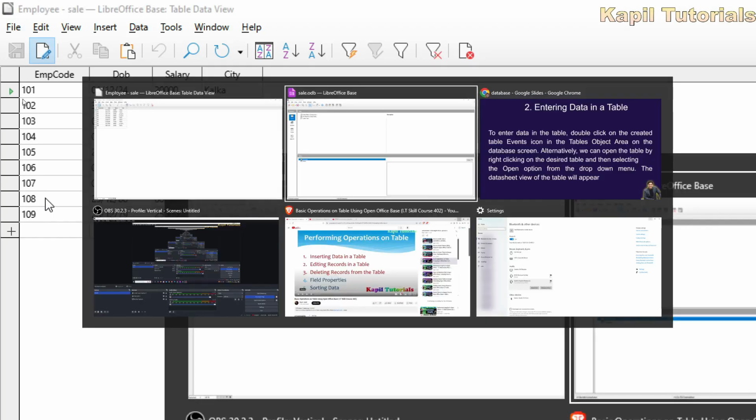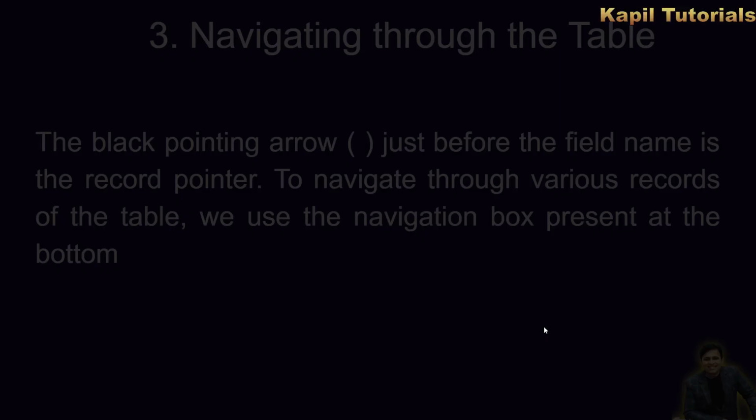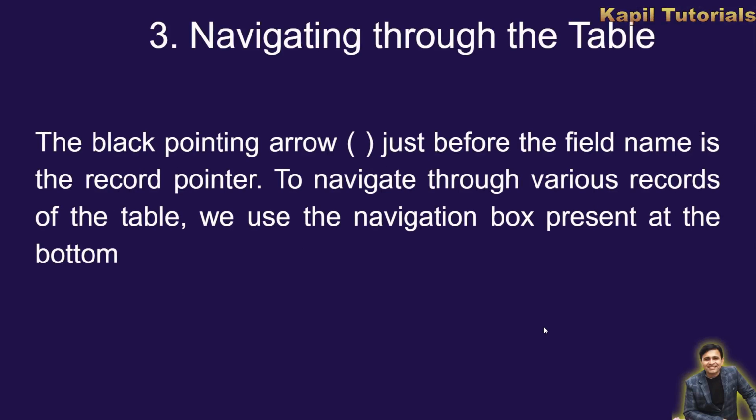Going to the next topic, navigating through the table. There is a black pointing arrow just before the field name, and that is called the record pointer, and it allows us to navigate through various records in a table. I'll show you how to navigate.